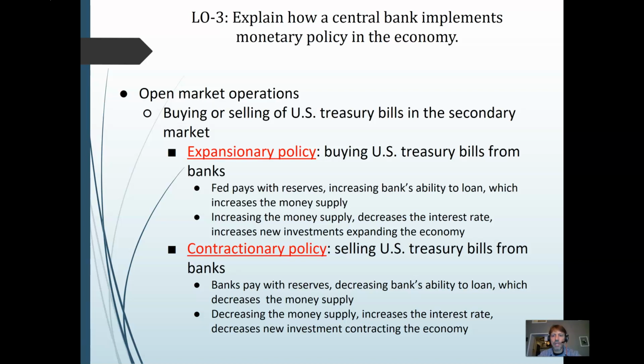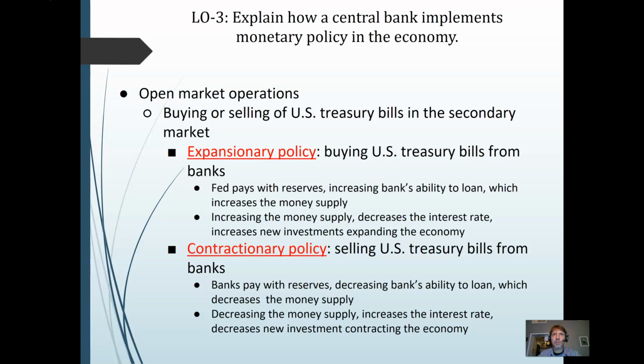So they help the banking system have more opportunity to lend to borrowers, which increases the money supply. And because you've increased that scarce resource, the supply of money, you actually make it easier for people to get their hands on money.